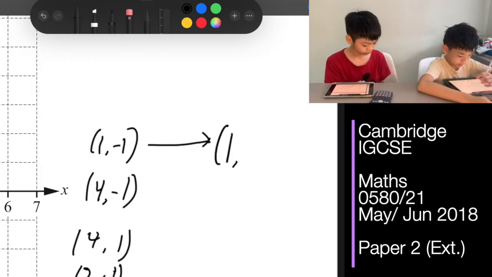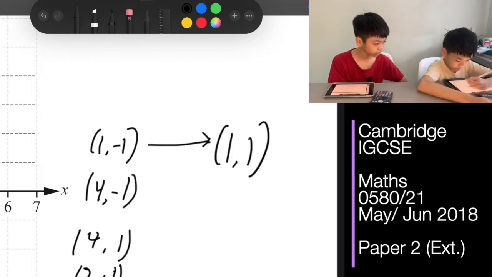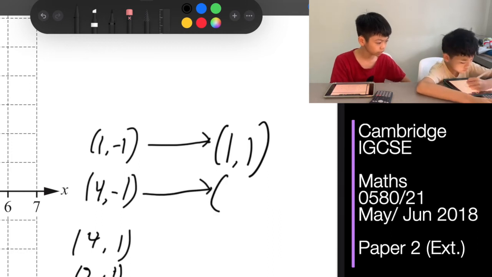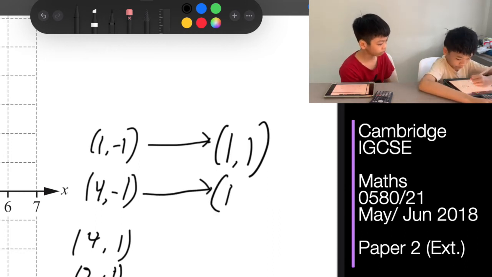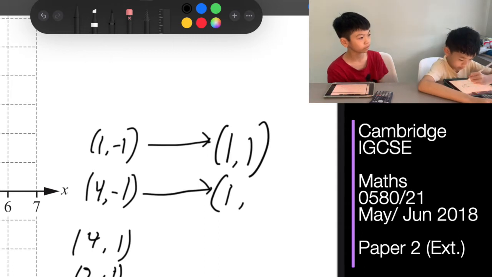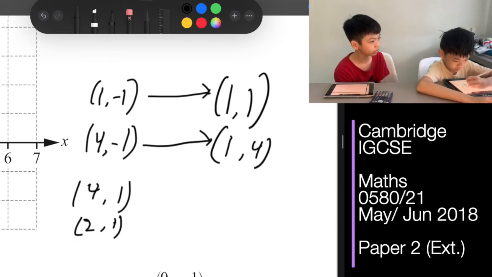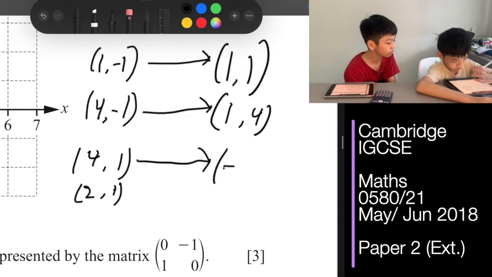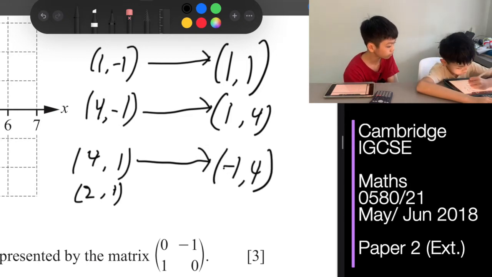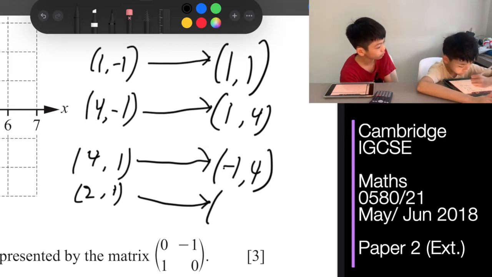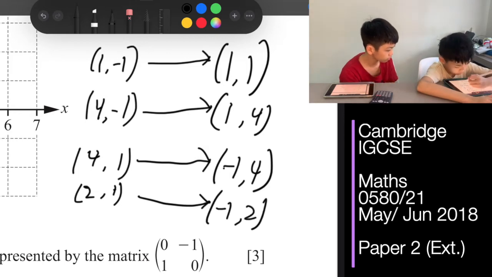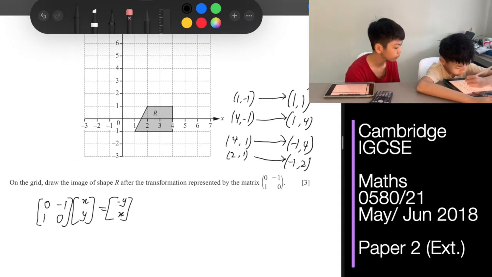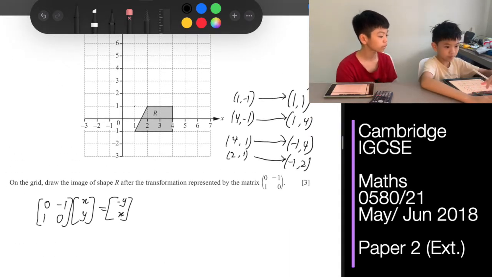Okay, then we just add the transformation. So -y as x would be 1, and then y would be x, which is 1. For the next one, it becomes (1, 4), and then (-1, 4), and then (-1, 2).